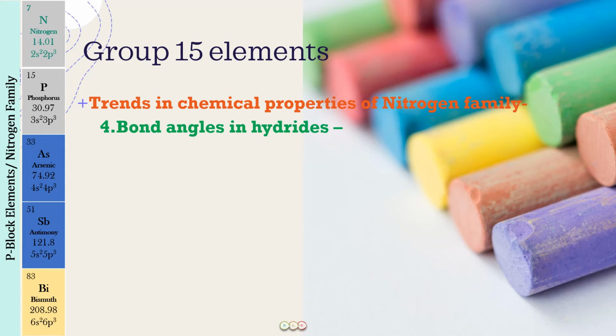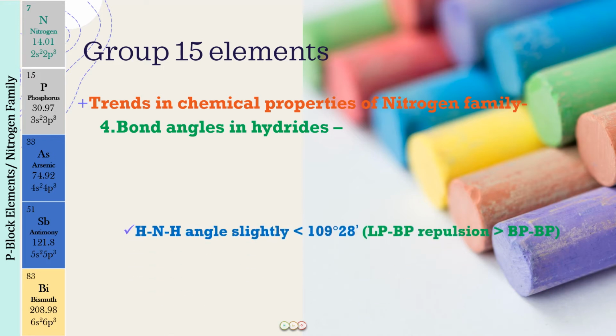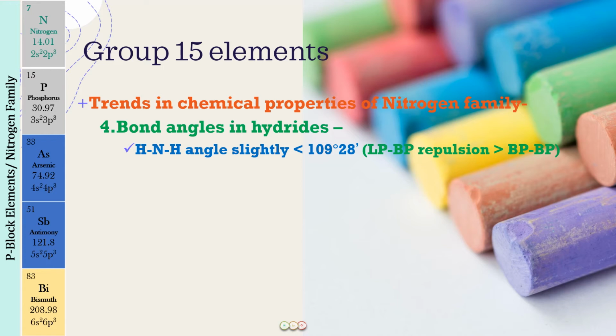Now we have one lone pair of electrons and three bonded pairs of electrons. Therefore, the angle decreases and it is going to be less than 109 degrees 28 minutes, or 109.5 degrees, because the lone pair bond pair repulsion is going to be more than the bonded pair repulsion. And therefore the bonded pairs are going to come closer and the bond angle is going to decrease.